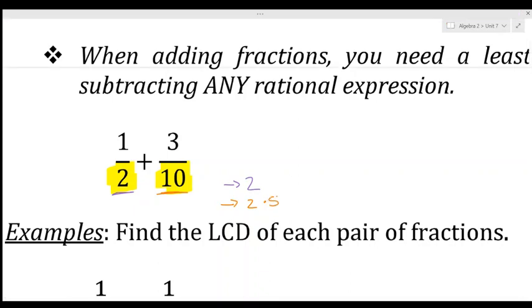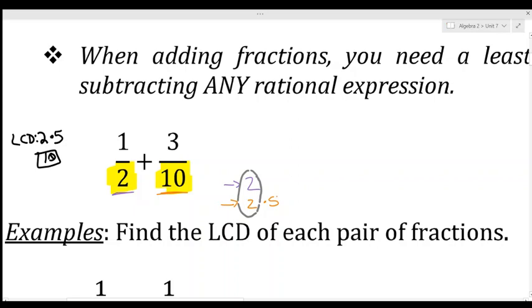Now what I want you to do in order to figure out an LCD is first circle anything that's the same between the two. In this case, there's a 2. So my LCD so far is 2. And then you also have to include anything outside of your circles. Well, in this case, we have a 5, so we have to multiply by 5. So 2 times 5 means my LCD is 10.